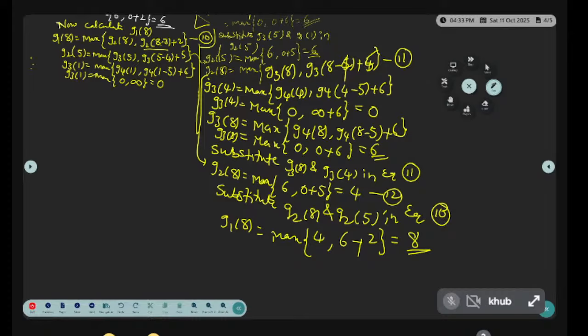అక్కడెక్కడో ఈక్వేషన్ 1లో G1 of 8 ఉంటుంది. ఆ G1 of 8ని పక్కన G1 of 6, G1 of 6 ఆల్రెడీ వచ్చింది అనుకుంటా.